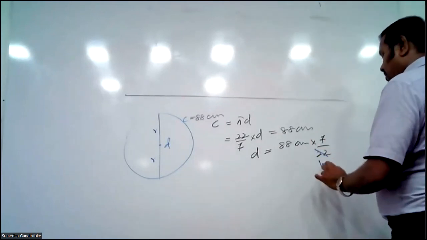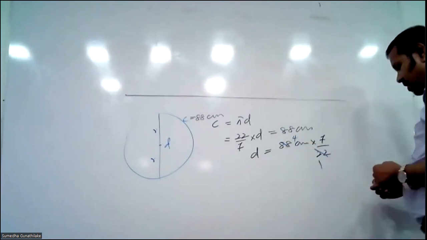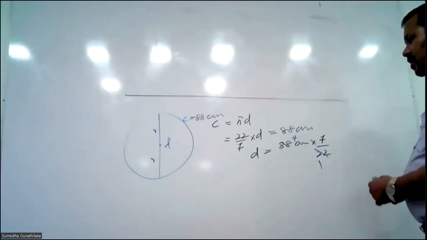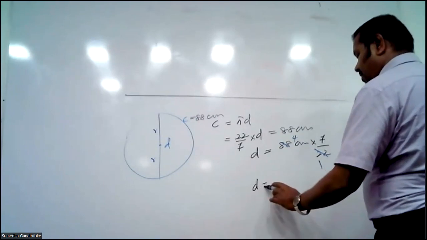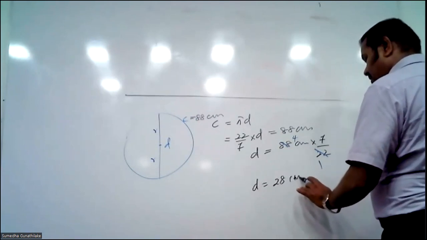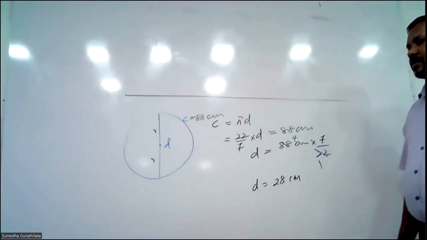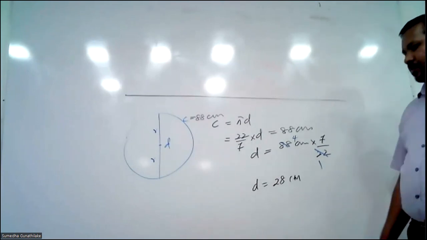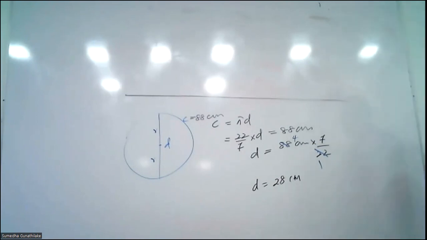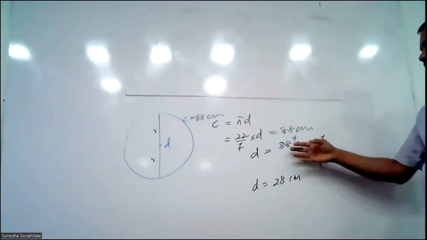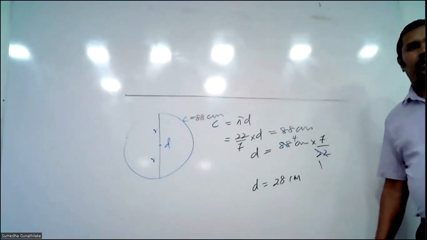Easily simplify: 22 times 1, here 4; 4 into 7, 28. Diameter is 28 centimeters. You can divide it by 2 or 11 or 22, any factor.